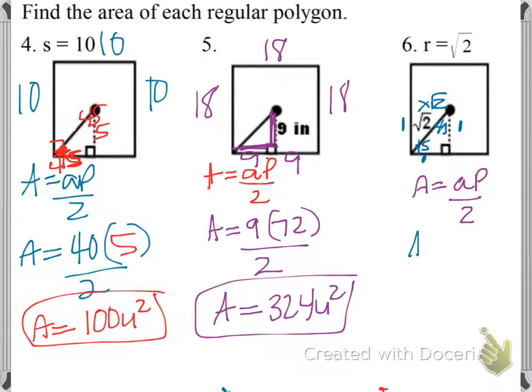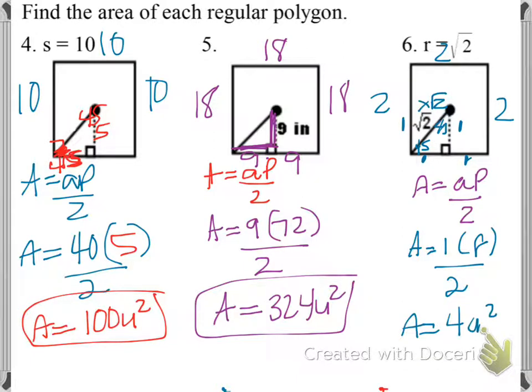So our apothem here is 1. If both sides are 1, that means the entire side of the square is 2. So you've got 2, 4, 6, 8. So 1 times 8 divided by 2 is 4 units squared. Again, when you figure out that side's 2, you could just do 2 times 2, and that gets you the area of the square.